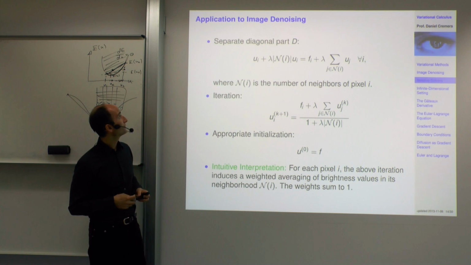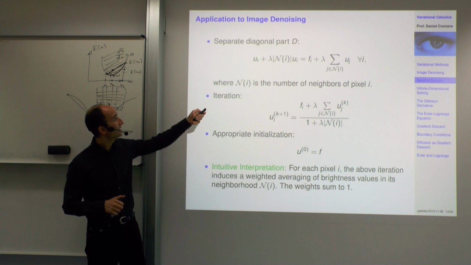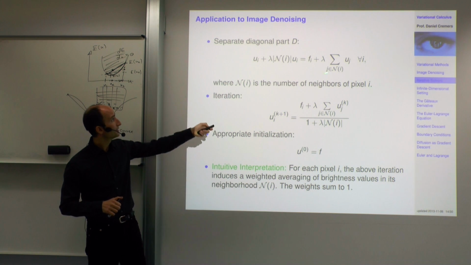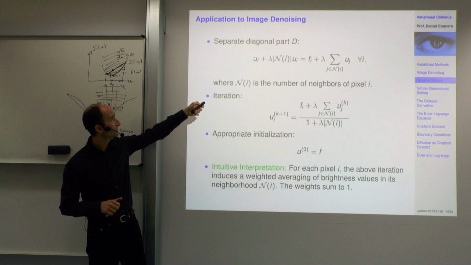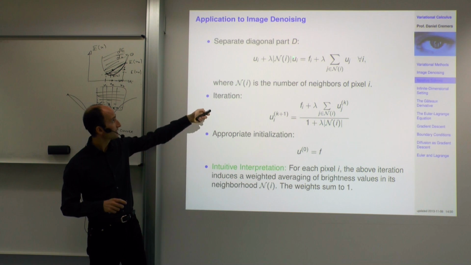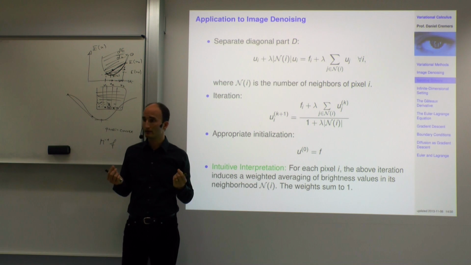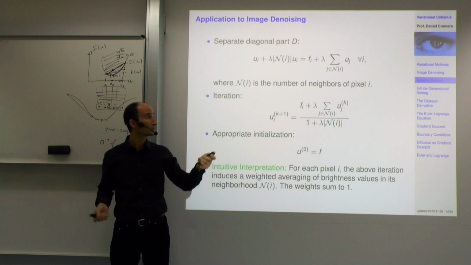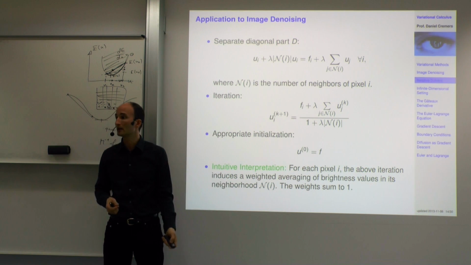So what does it look like for the image denoising in our case? Here are the equations, the linear equations. Here you see ui plus lambda times the number. This norm n basically means the number of neighbors. In the denoising for 1D images there were 2 neighbors, so we had 1 plus 2 lambda here.